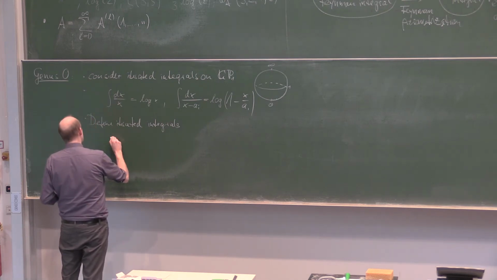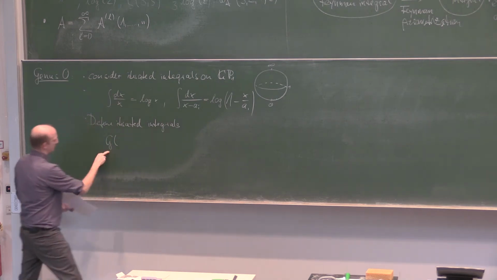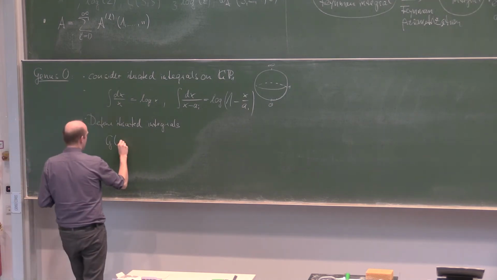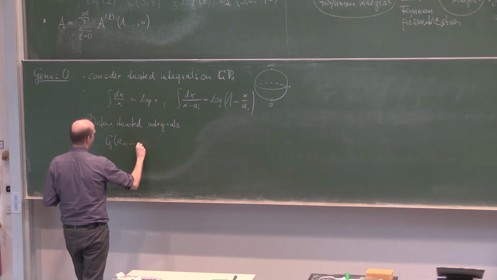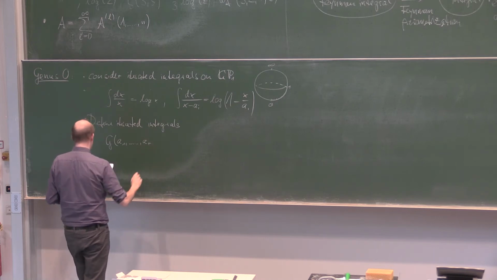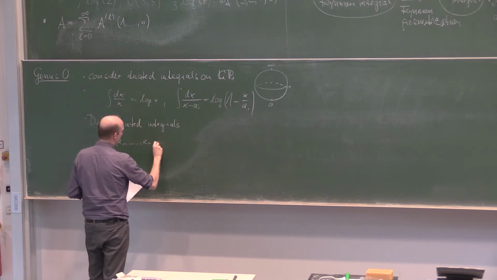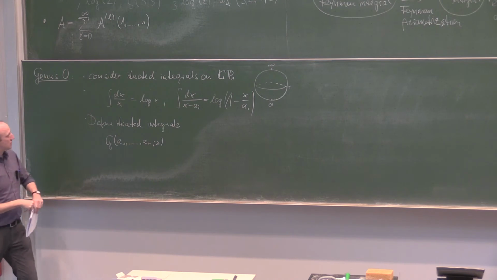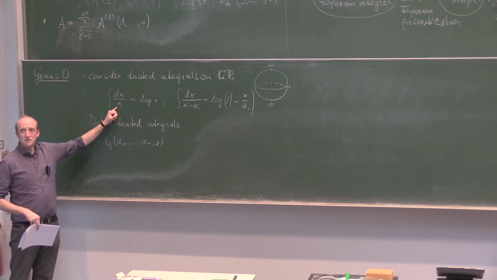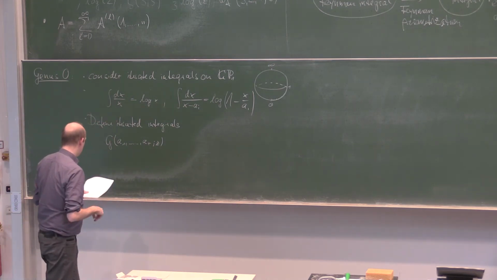So they are defined in the following way. It's a capital G here, and these integrals are just the iterated integration over many of these poles with the associated differential form.